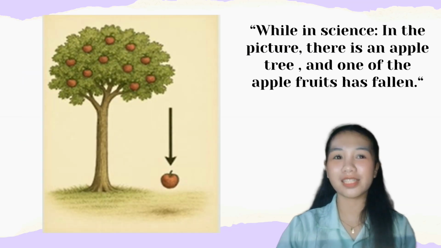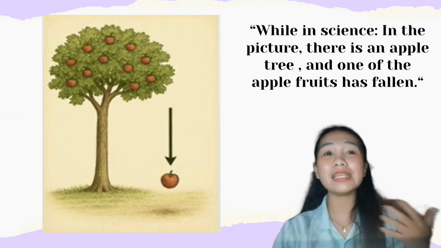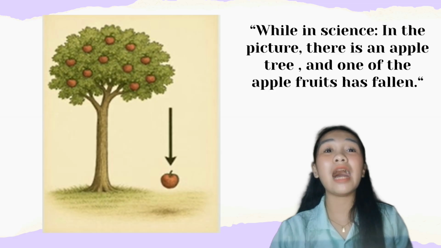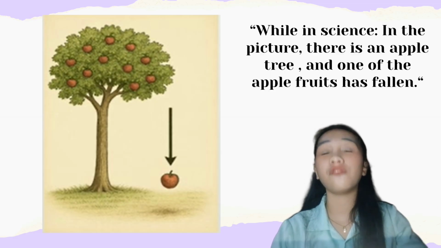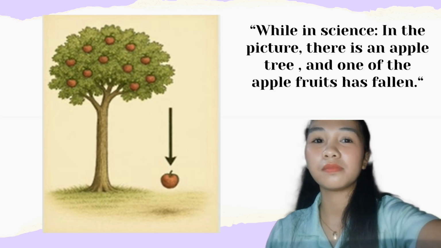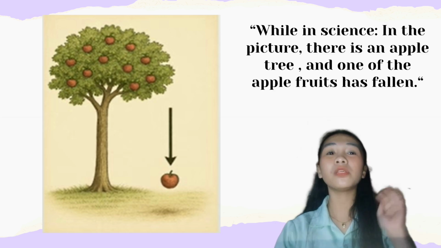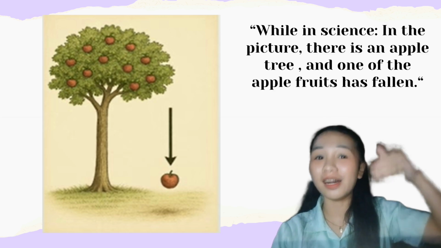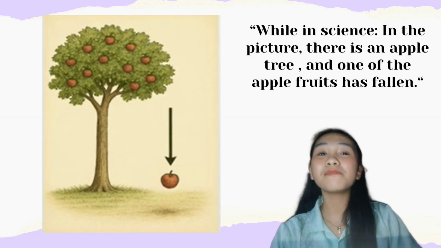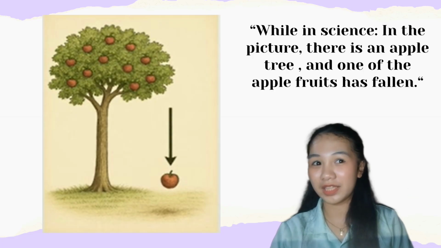Let's have another example. So, as you can see in the picture, there is an apple tree and one of the apple fruits has fallen. We know that the direction of it is down, right? That's because of gravity.